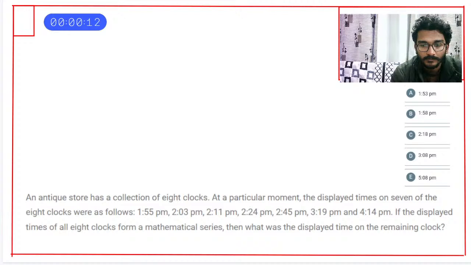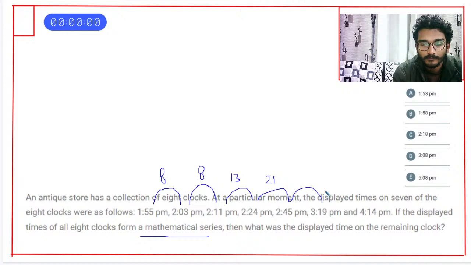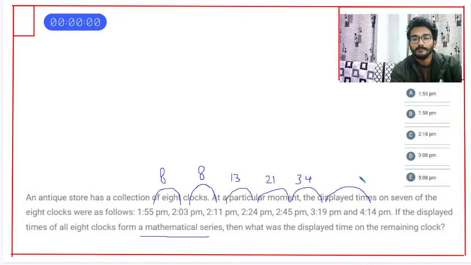Let's try it out. Oof. So there is a pattern, a mathematical series. If I find the series, I can say there is a gap of 8 minutes, a gap of 13 minutes, 21 minutes, 34 minutes, and 55 minutes.